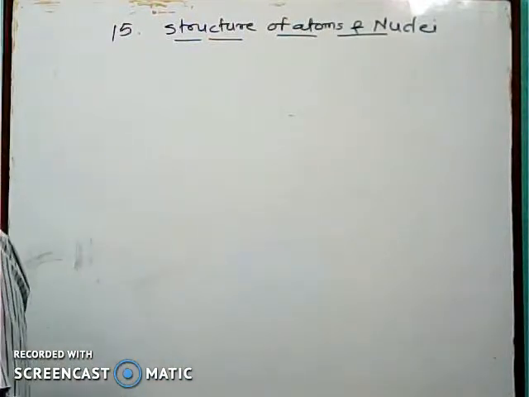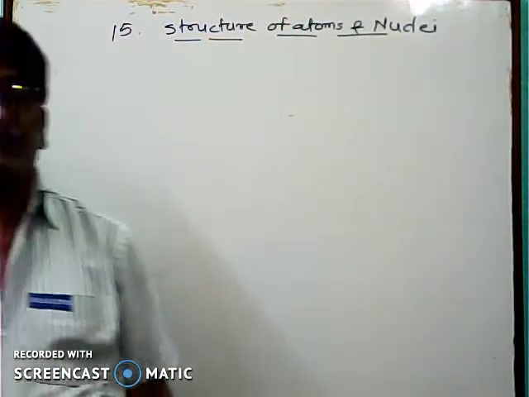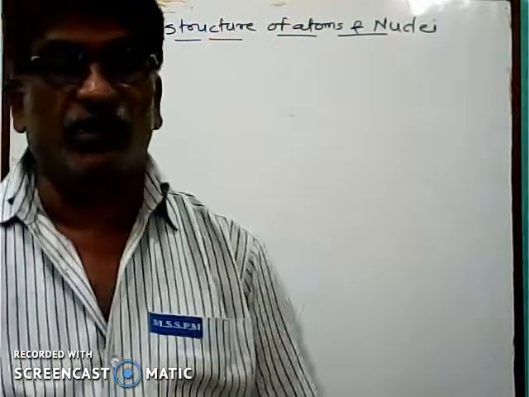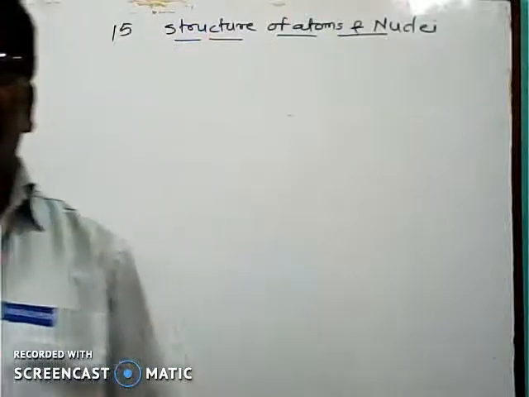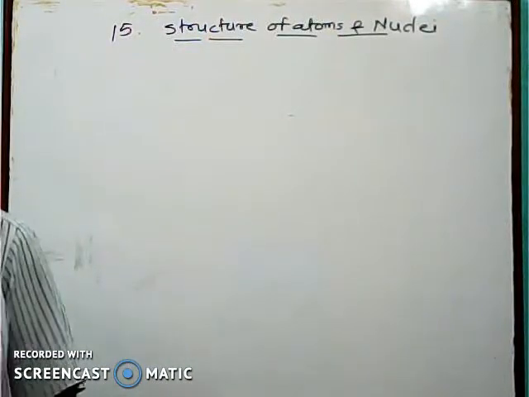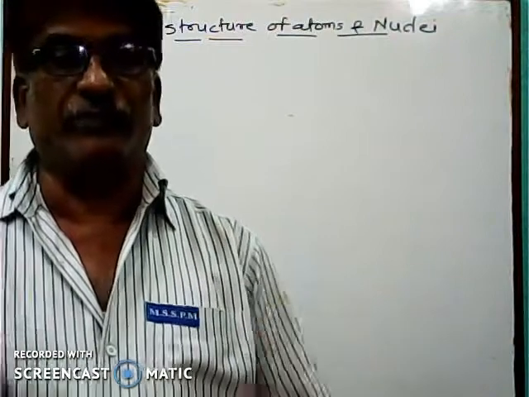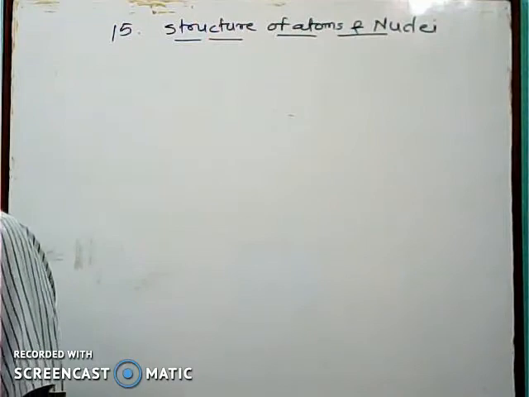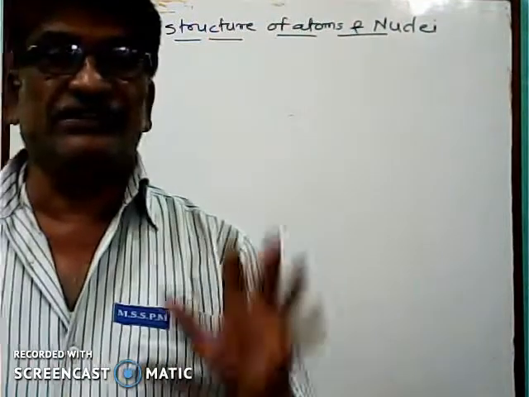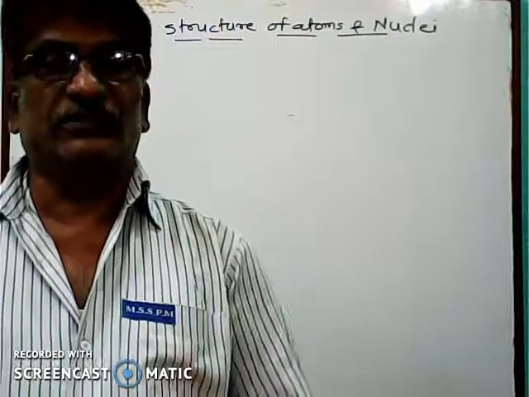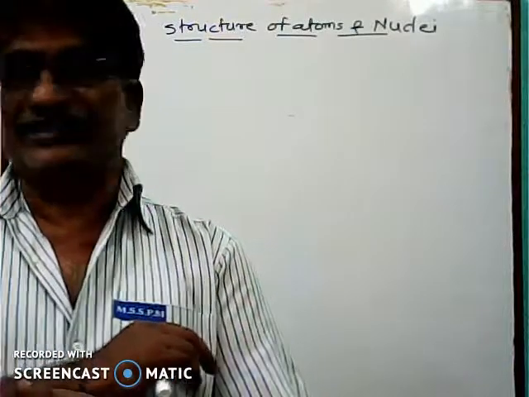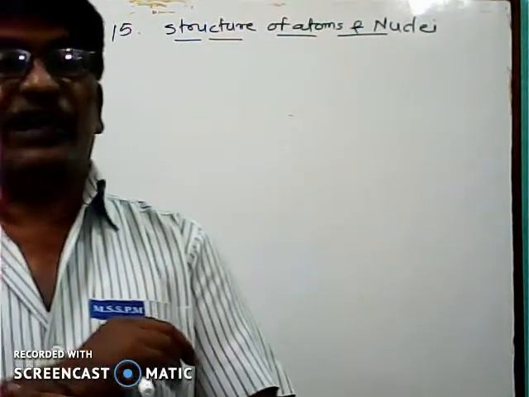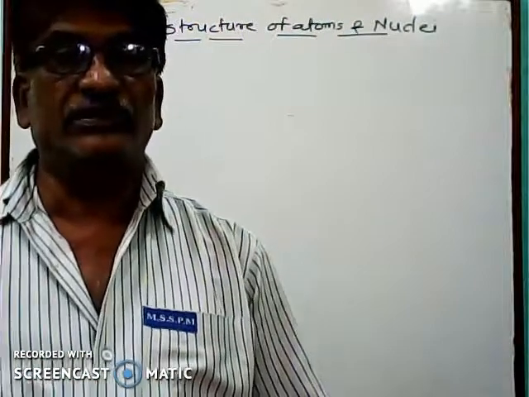If electrons are present in an orbit, and a large number of electrons are present, then more orbits will be there. This decides the size of the nucleus. So the size of the atom decides the size of the nucleus, but different atoms do not have the same size.